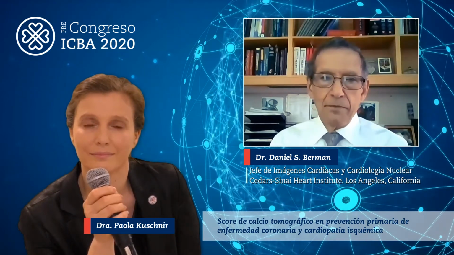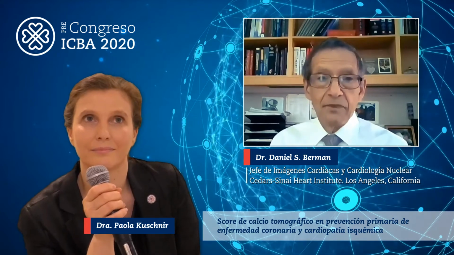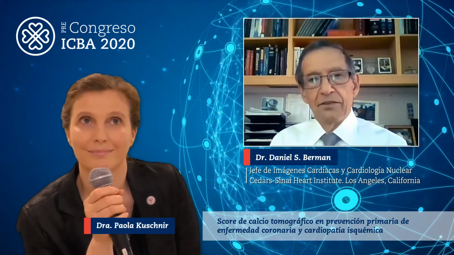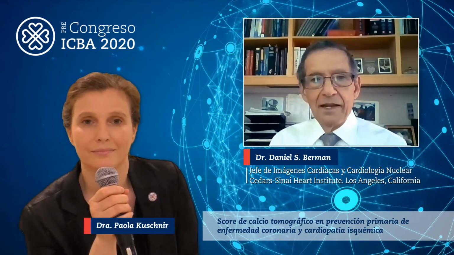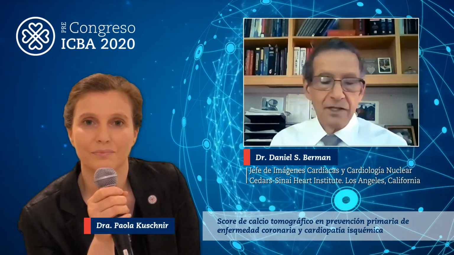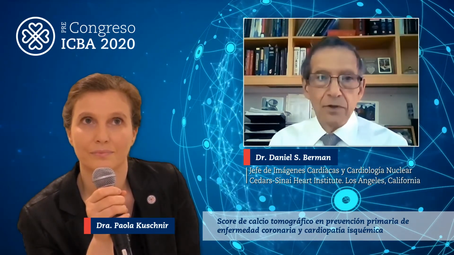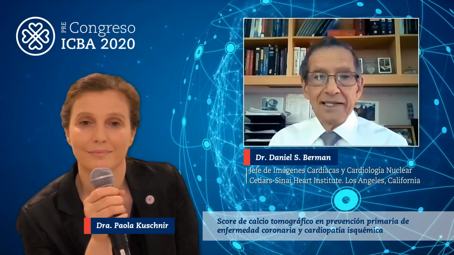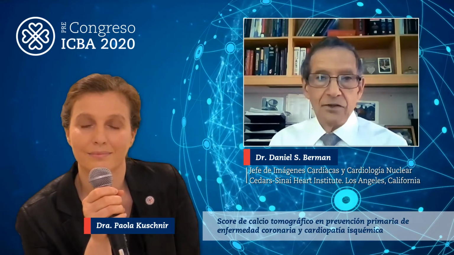So the scanner has to be equipped for cardiac gating, and electrodes are placed on the patient's chest to allow the acquisition during a single phase of the cardiac cycle. The patient gets on the table, has a couple of scout films taken, takes a breath and holds it, and during that single breath, the scan is taken, and then the patient's done.